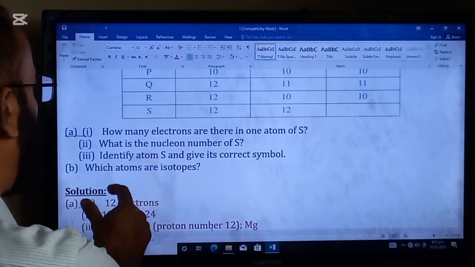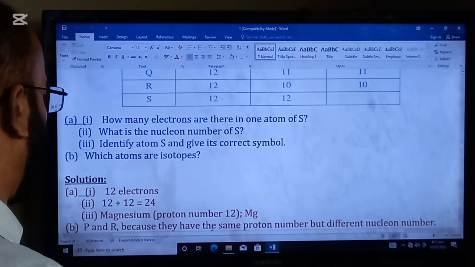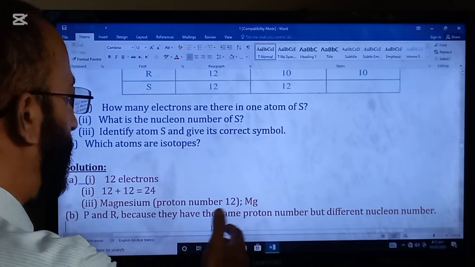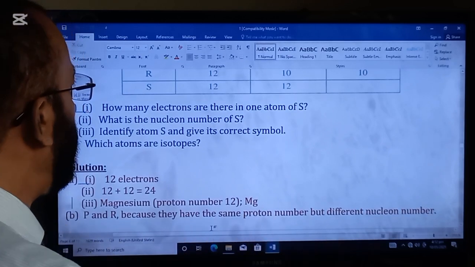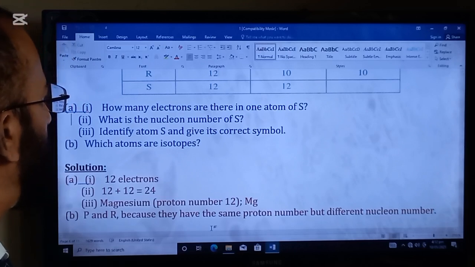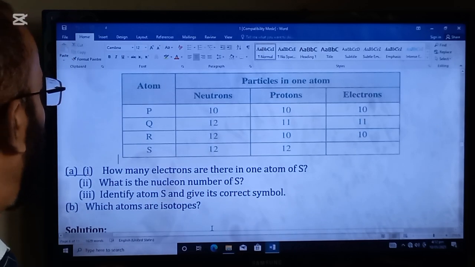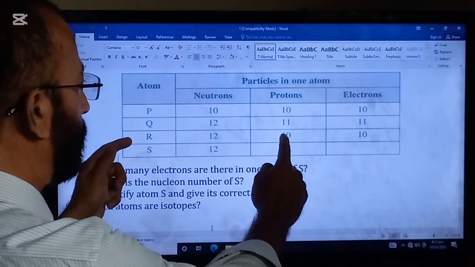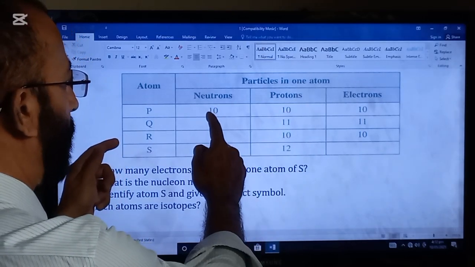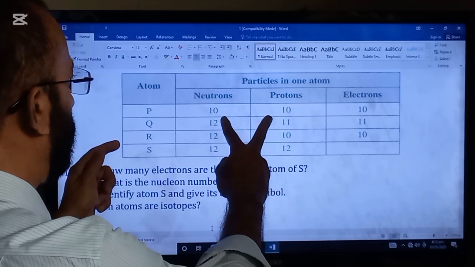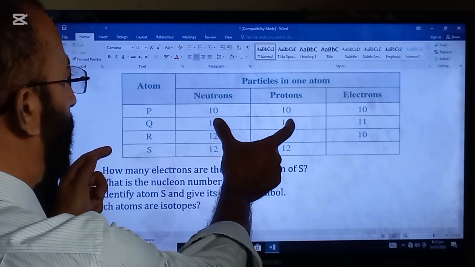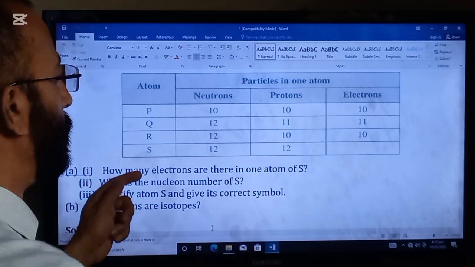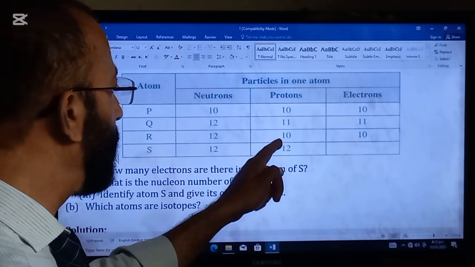The last requirement is, which atoms are isotopes? So P and R, because they have the same proton number but different nucleon number. You can see from here P and R have the same proton number but different nucleon numbers, because P will have nucleon number 10 and R will have nucleon number of 22, but the proton number is the same.